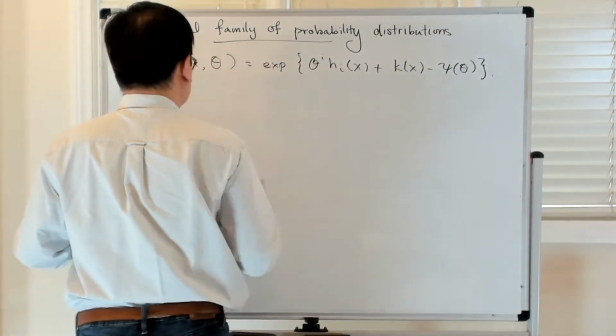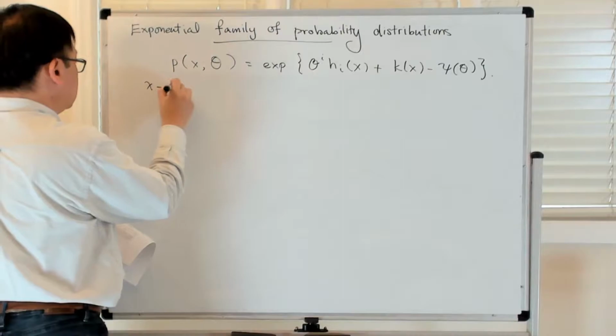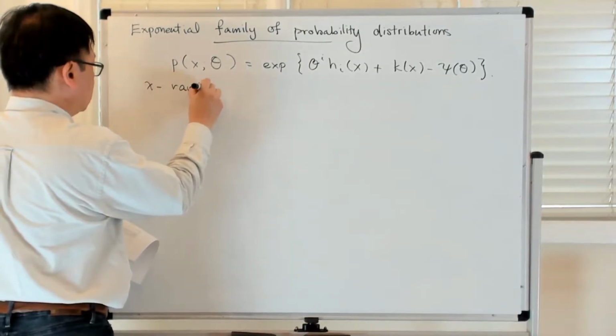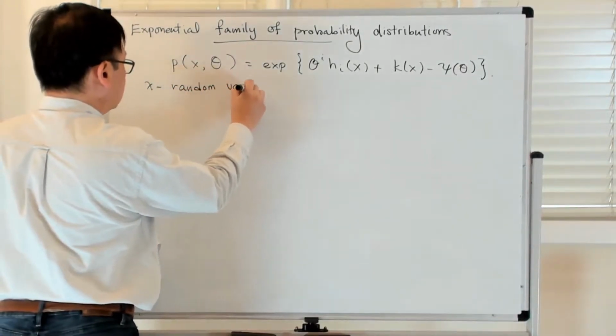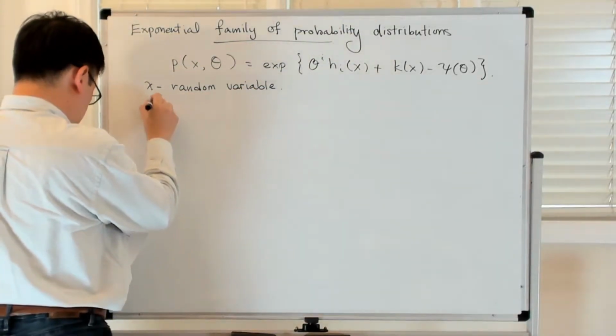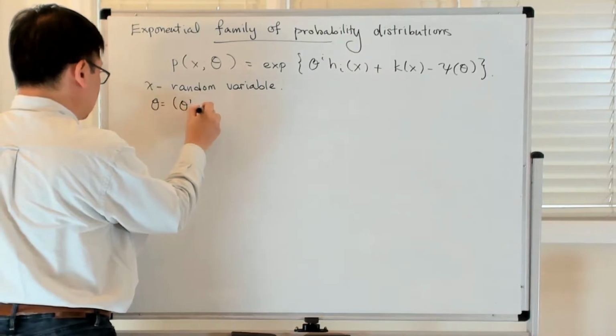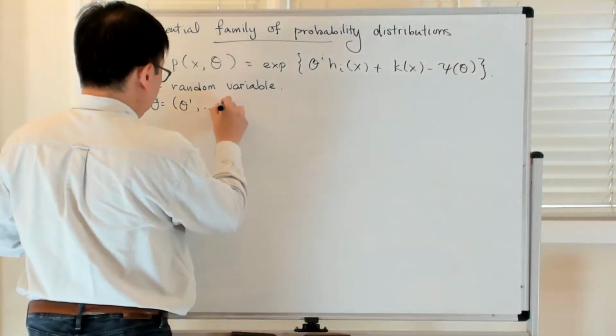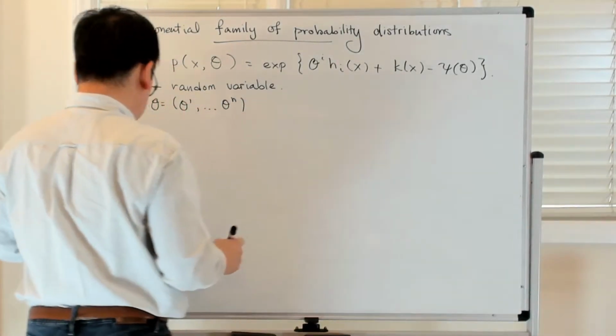So x is your random variable. Theta sort of points, it's like on your information manifold, right?